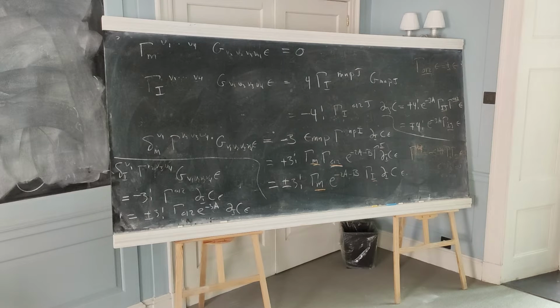So I can rub this off, but I want to keep these. Okay. Delta psi m 0 is equal to that. Well, we get 1/2 d i a e to the a minus b gamma m i.